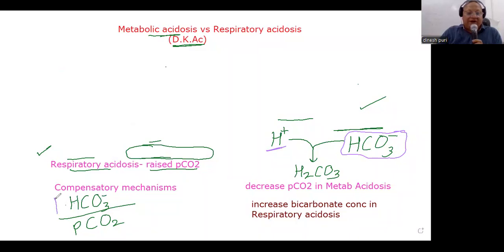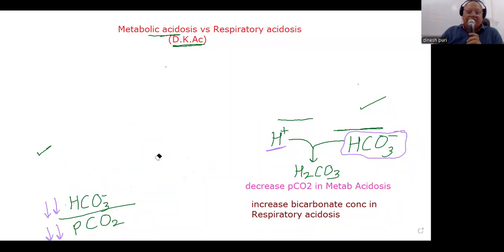The primary defect was fall in the bicarbonate concentration. How can you restore this ratio? By decreasing the PCO2 as well. So what is necessary to wash off PCO2? Hyperventilation, deep and fast breathing, that is called Kussmaul breathing. So we have discussed why it is metabolic acidosis.